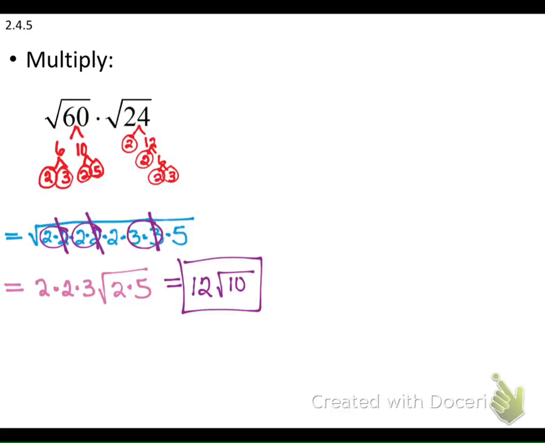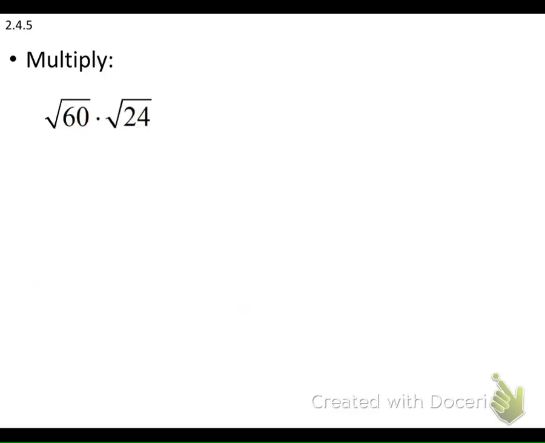All right. Any questions on this first one here? Okay, let's take a look at the second one then. So the second one, we're going to have 6 square root 10 times 2 square root 20. What do I do first here, Brendan? And you get 12.